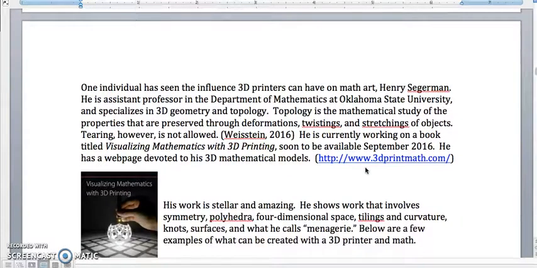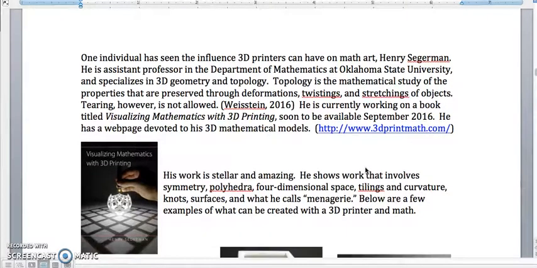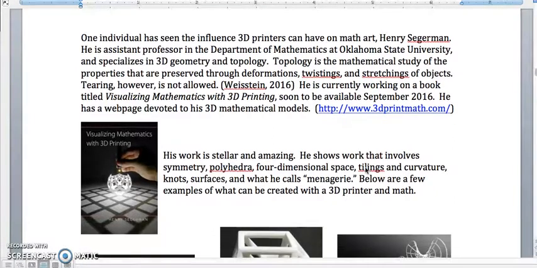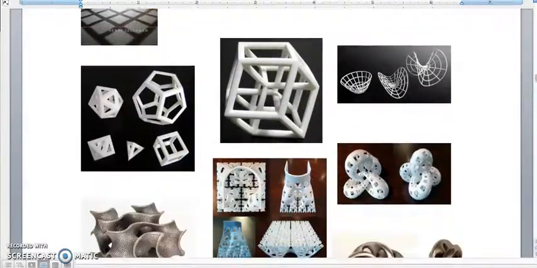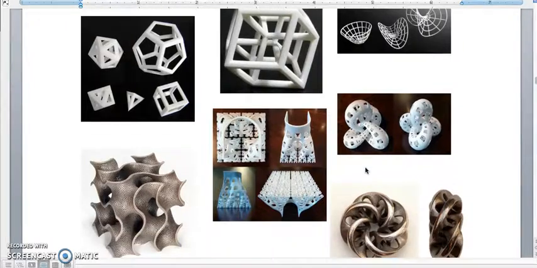Now, the first person I saw that wanted to do what I would like to do in the class is Henry Segerman. He's actually an assistant professor at the Department of Mathematics at Oklahoma State University, and he specializes in 3D geometry and topology. And so he basically uses a 3D printer to print all these amazing figures, very intricate but very mathematical.